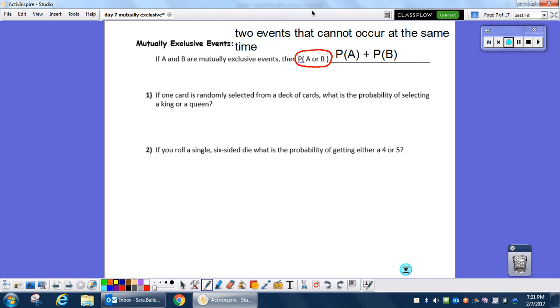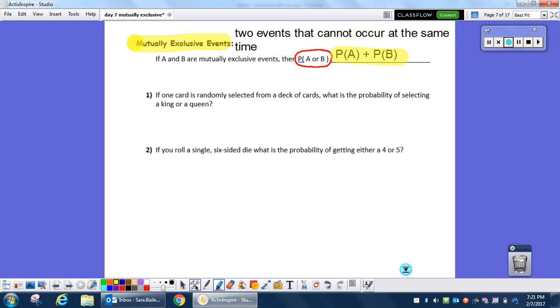So, you want to maybe highlight this formula or make it stand out because you're going to have a couple different formulas depending on what type of events you have. And in this case, again, if they're mutually exclusive events, two events that cannot occur at the same time, then you just add their probabilities.